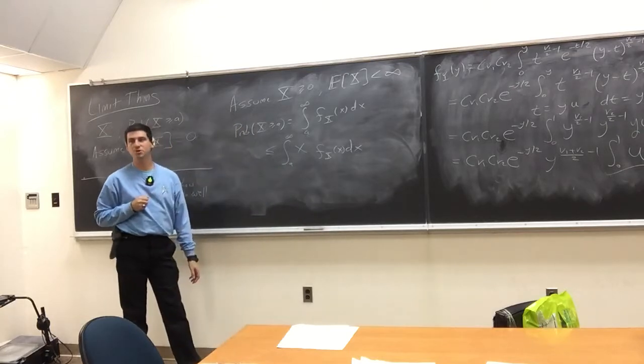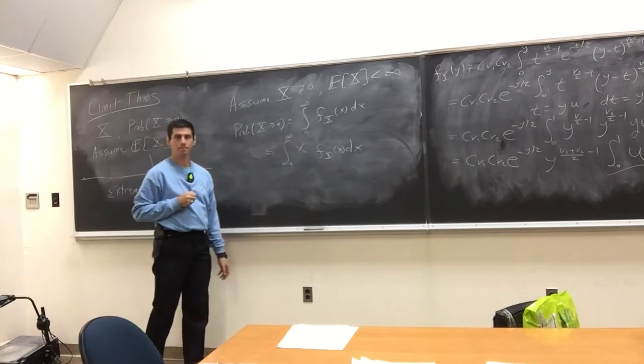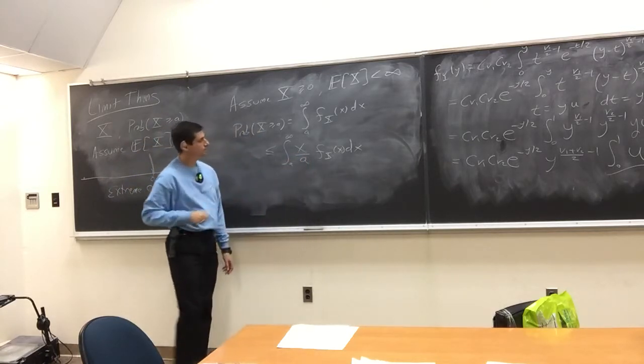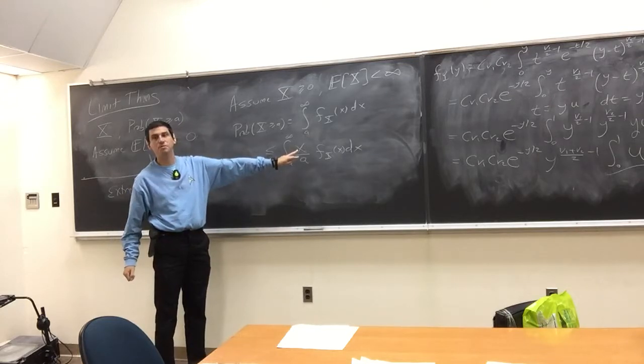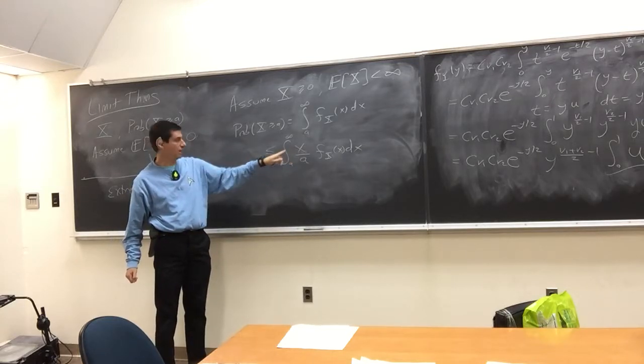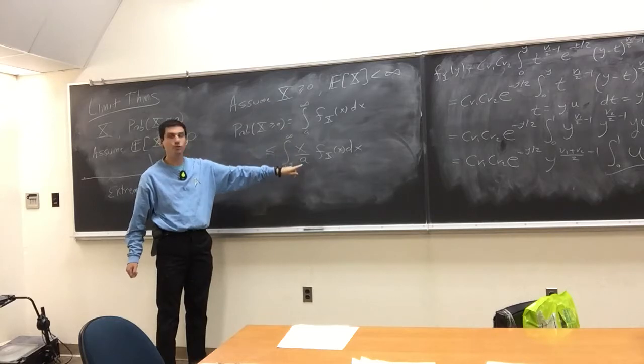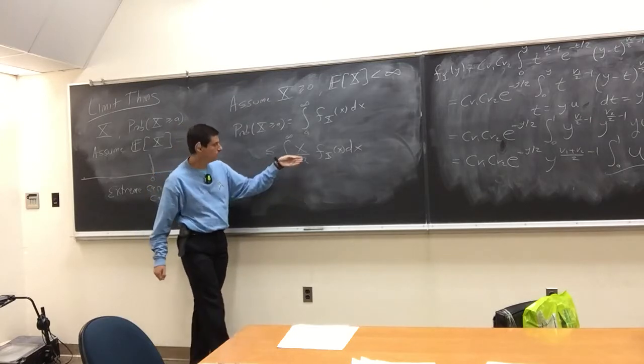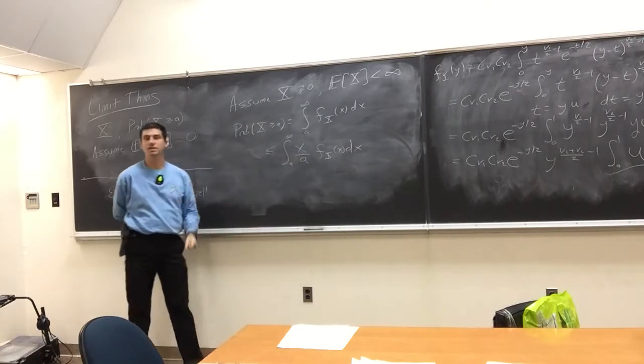Now, you can't just multiply by x. But what if we multiply by x over a? How does x over a compare to 1? Well, x is going from a to infinity, so x over a is always at least 1. And that's why we have a less than or equal to here. And now if I just pull out the a, this is looking a lot like the mean.